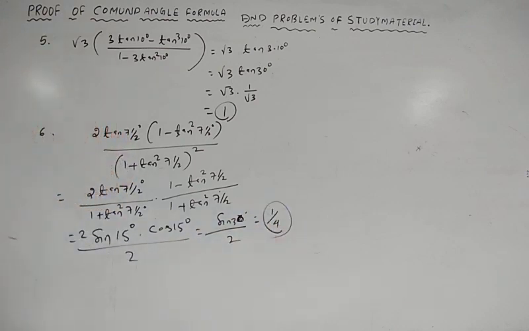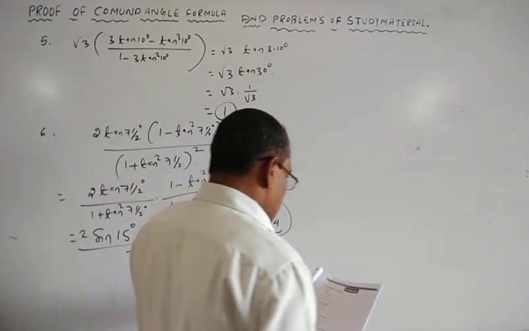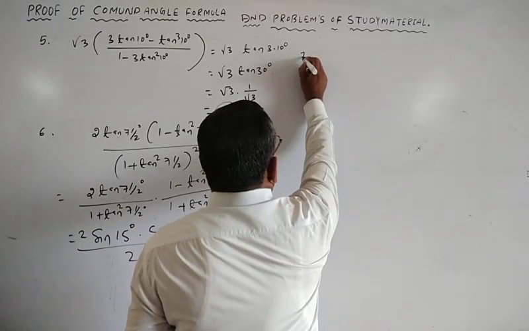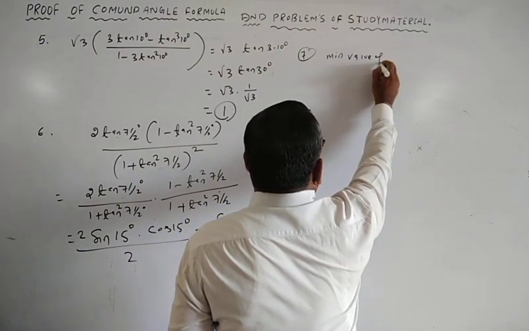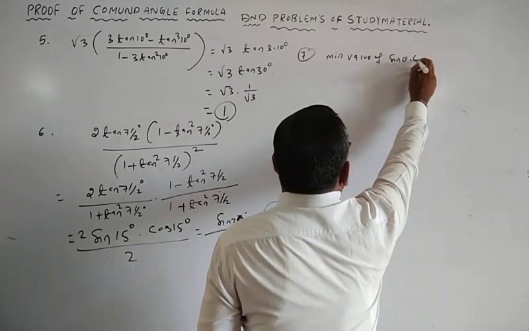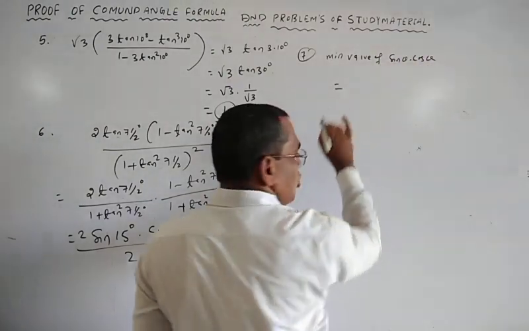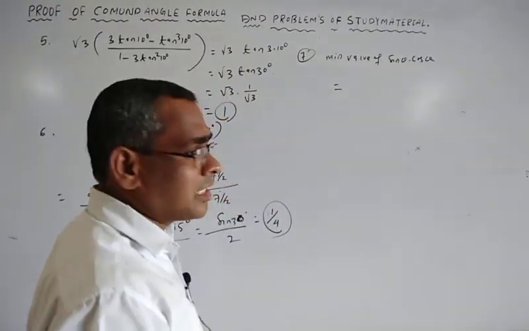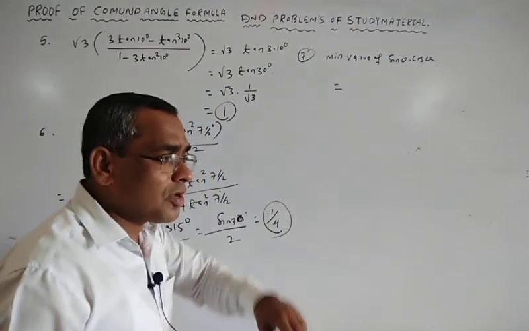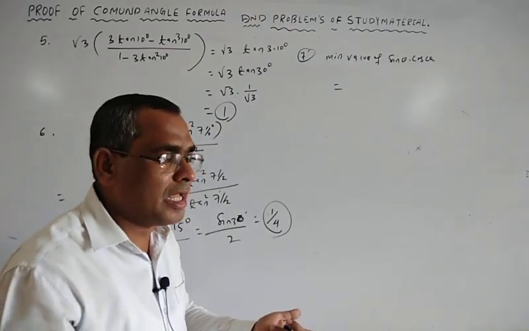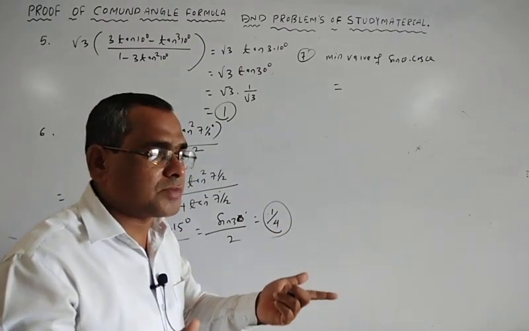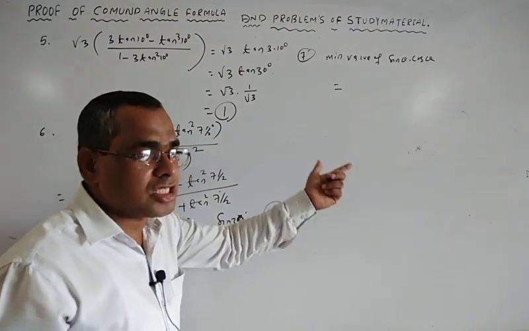Next, the minimum value of sin theta into cos theta, number 7. You know how to express sin theta into cos theta in terms of a single term; we discussed already.